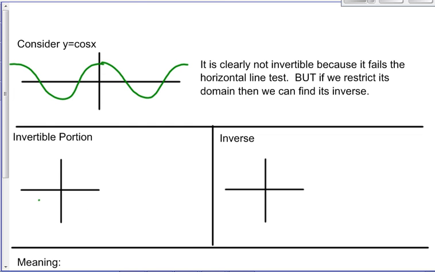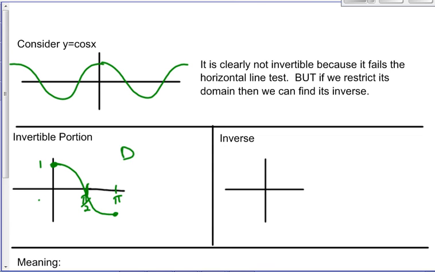So what I'm going to do with cosine to try and get as much of it as possible is start right here at 1 on the y, and I'll just draw until I start doubling back. Still passes the horizontal line test right up until pi. This would be pi over 2.